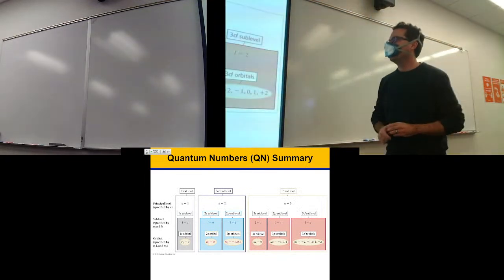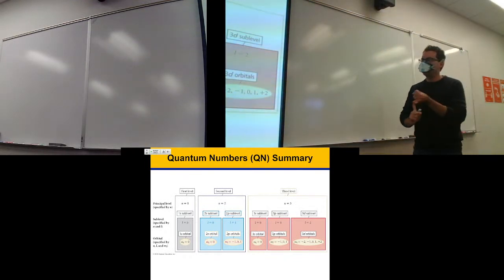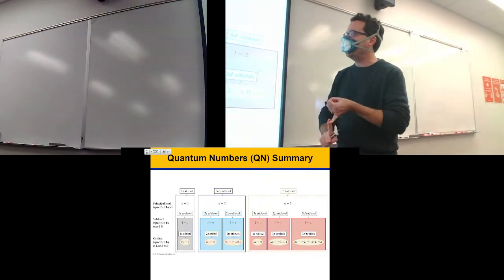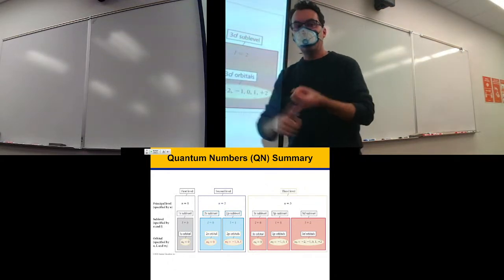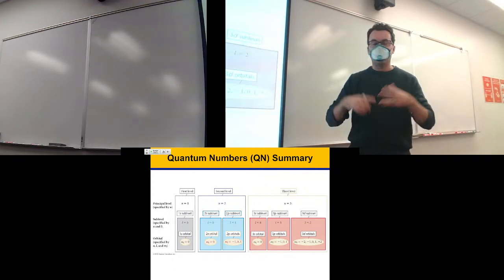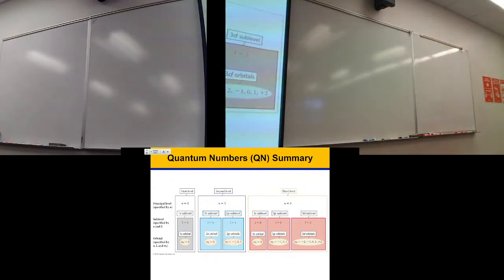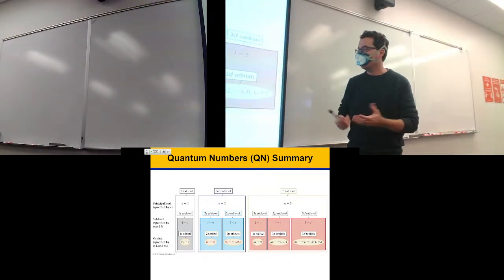So quantum numbers. Learn the rules for what's allowed, what's not allowed. What are the values of quantum numbers? What do they mean? So n is the shell, the energy level. l is the subshell, or the type of orbital, s, p, d. It governs the shape. And then m sub l: the only thing we really care about is how many m sub l values there are.